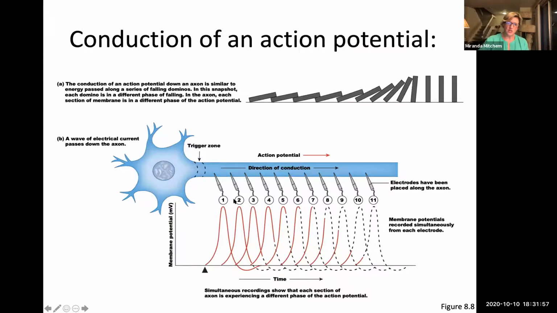So an action potential is really like what happens with dominoes. They're a good comparison. So if the dominoes are set up perfectly spaced, they will fall with a force that is equal all the way down.